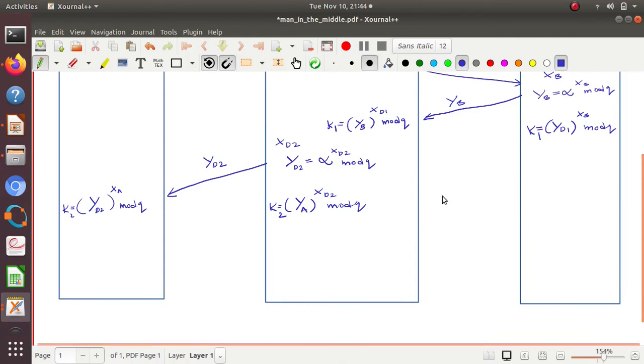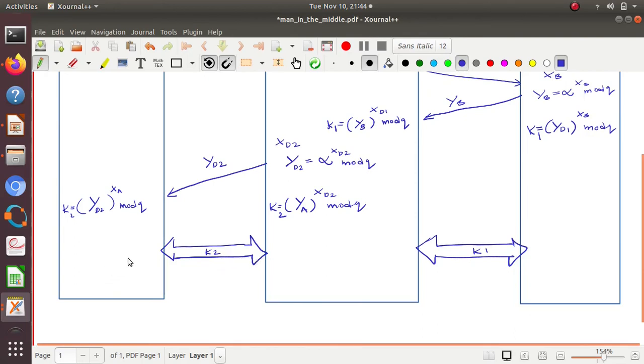They don't know about the middleman Darth. So K2 will be here, and K1 will be shared here. The further communication will be by using this K2 and K1.